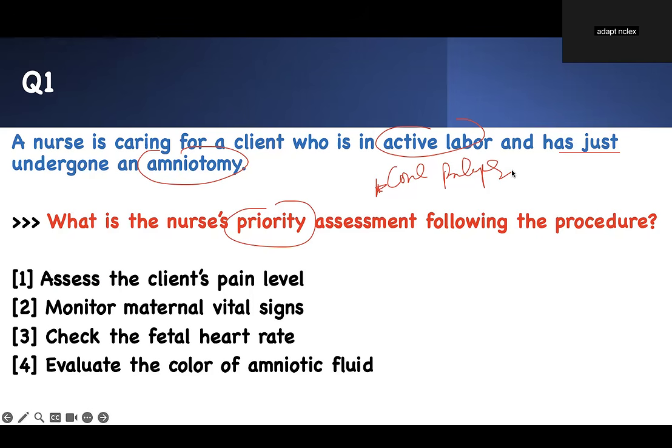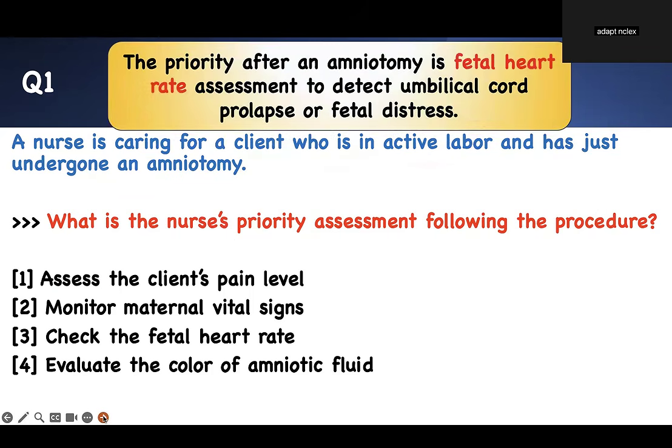But number one is cord prolapse. Therefore, first question down, and the answer choice is number 3. The priority assessment after amniotomy is fetal heart rate assessment to detect umbilical cord prolapse or fetal distress. Therefore, 3 is the best answer.